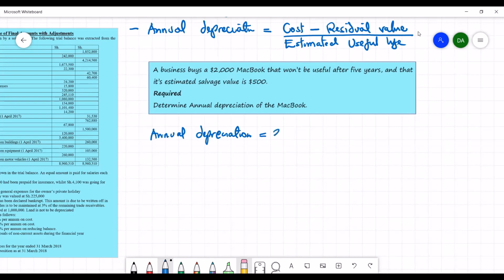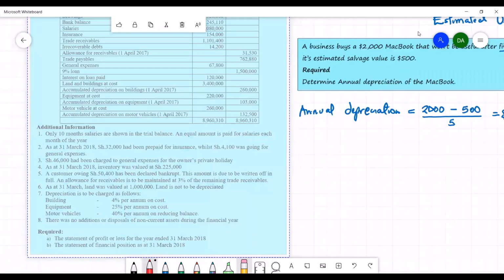The cost is $2,000, the residual value is $500, and estimated useful life is 5 years, meaning it will be useful for 5 years. This equals $300 US.